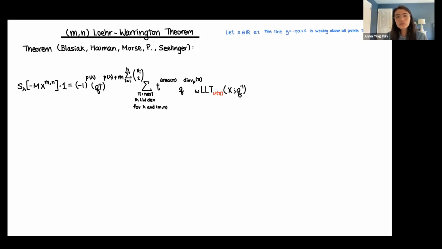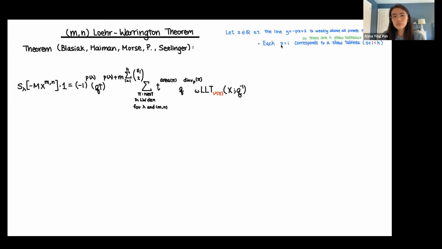Okay. So new pi is constructed in this way. So first of all, you choose your s such that the line y equals minus px plus s is weakly above all the points in your den. And then each x equals i corresponds to a skew tableau.